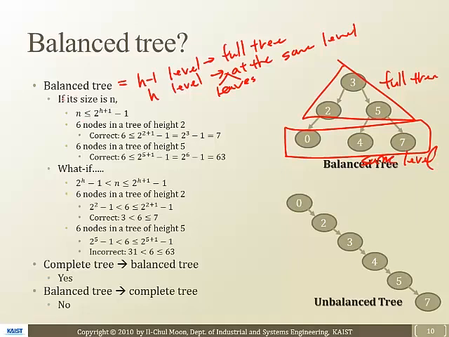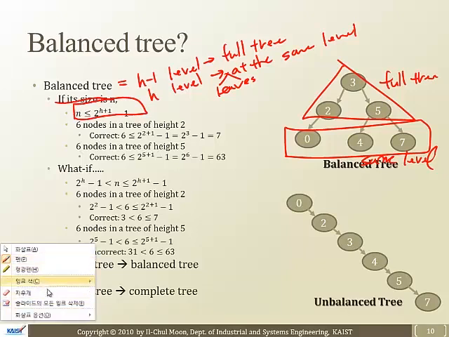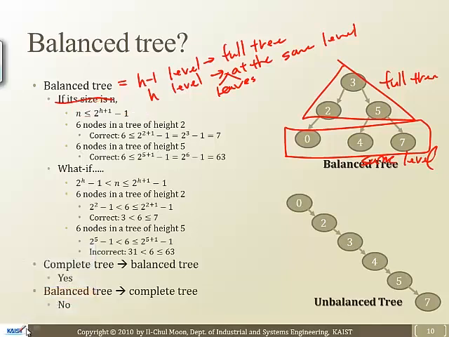And for the size n, we already discussed this inequality in the previous one, right? So for example, with these 6 nodes, the height is 0, 1, and 2, right? And its maximum tree size is determined by this equation: 2^(h+1) - 1, so 2^3 is 8, minus 1 is 7.